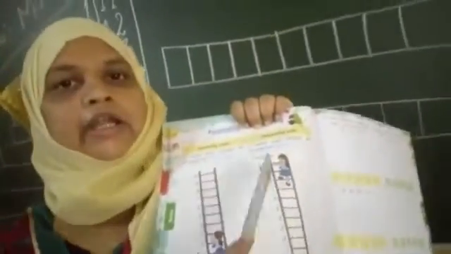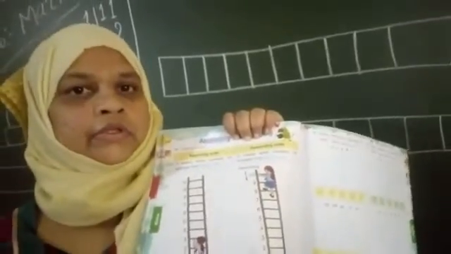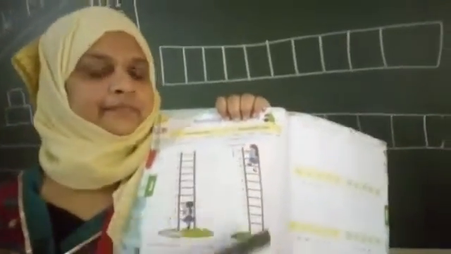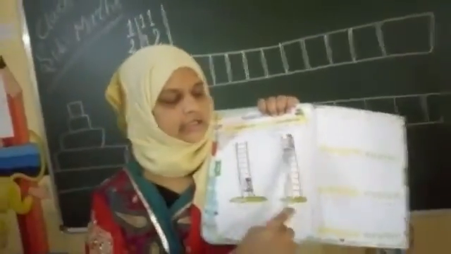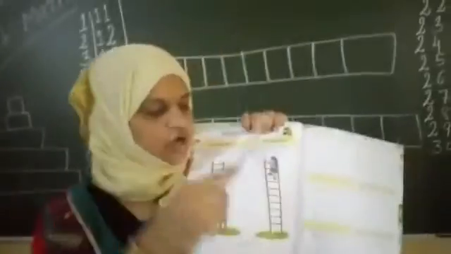Here is the descending. Decreasing. He is coming down, up to down. This one is descending and down to up is ascending.